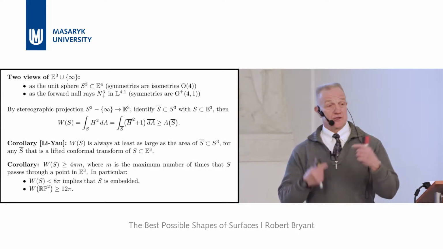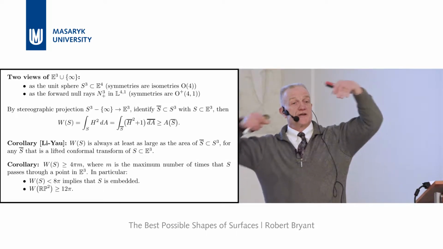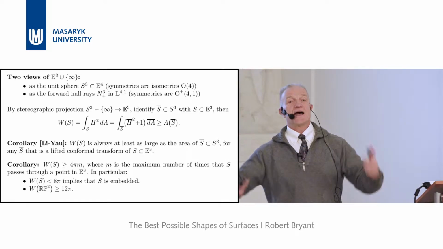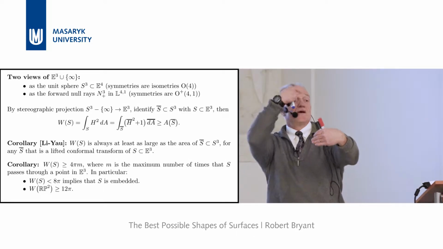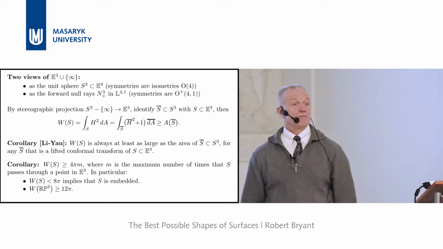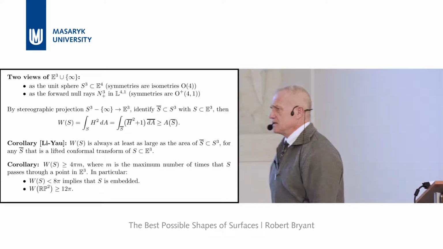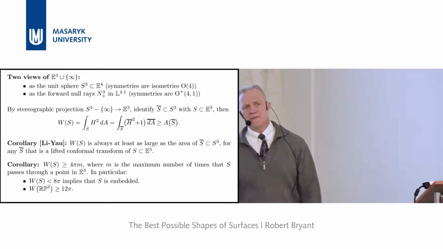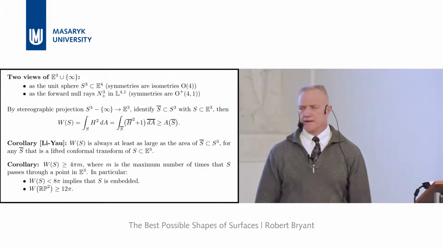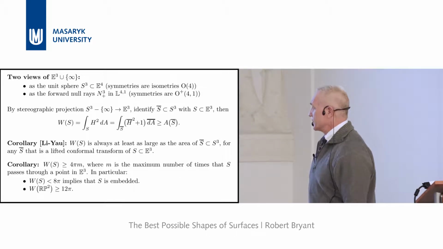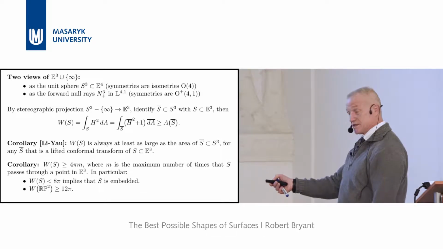And there's a theorem in topology that says that any time RP2 appears in 3-space, it has to have a triple intersection. That is, there have to be three sheets that come together in one point. This is a theorem, I think, I forget who proved it. It was proved maybe in the 40s. It may have been Whitney. I'm sorry, I didn't look it up. But it does give us an estimate that says that the Willmore function of RP2 is at least 12 pi.